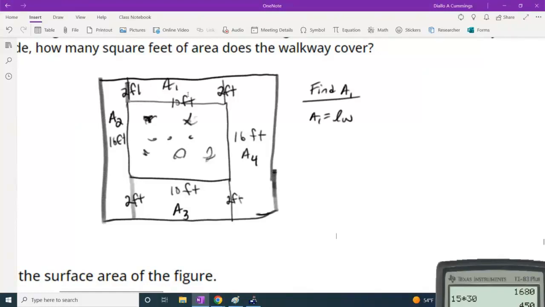In order to find the area, I need the length and the width, right? I know it's 10 feet and then the walkway is 2 feet. So my length is 10, the width is 2. When I multiply that together, I get 10 times 2, which is 20 square feet. That's for my first rectangle.